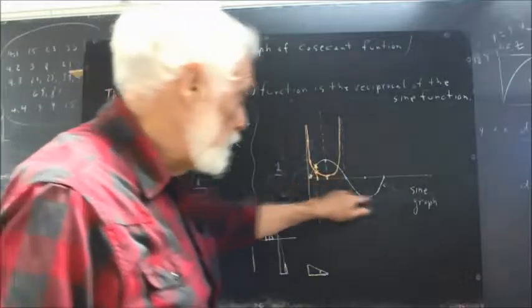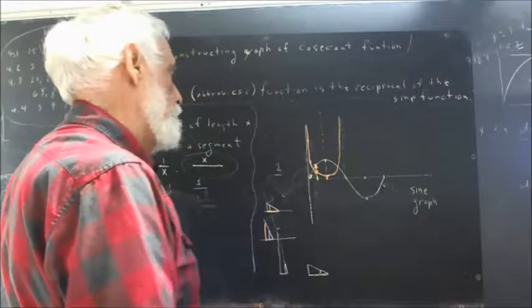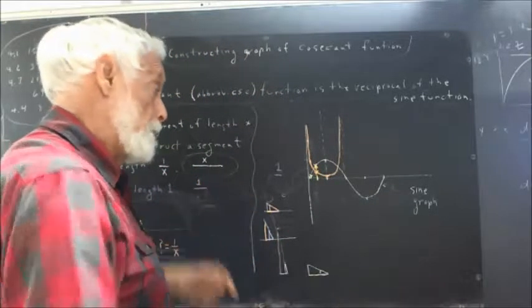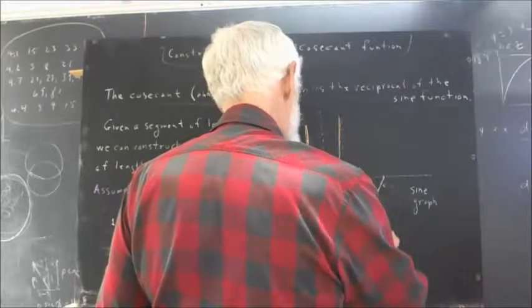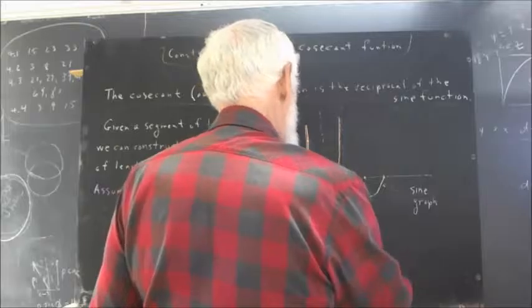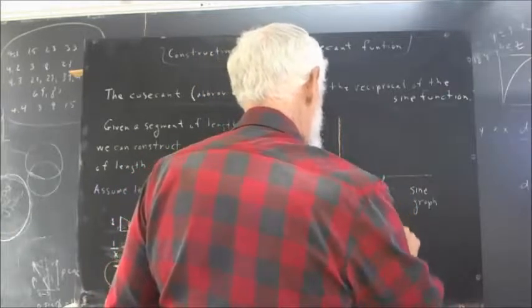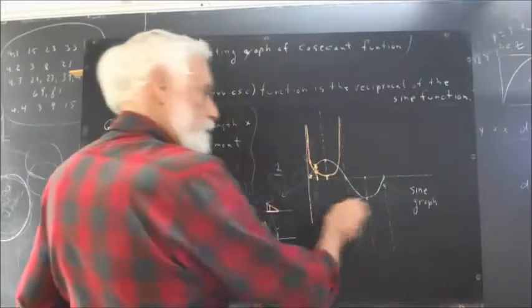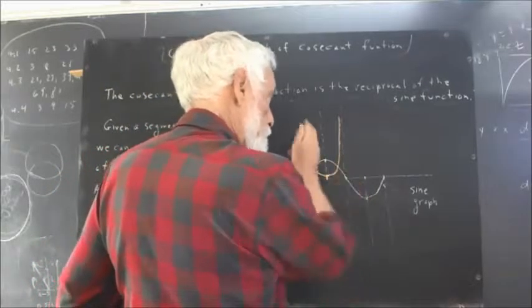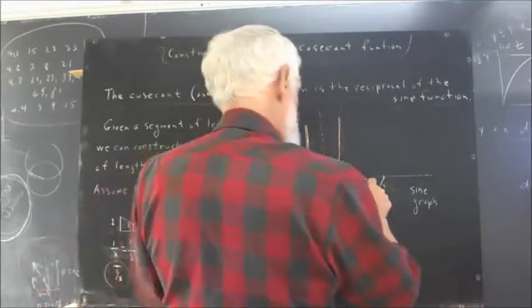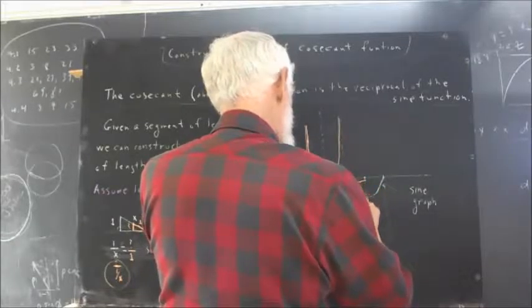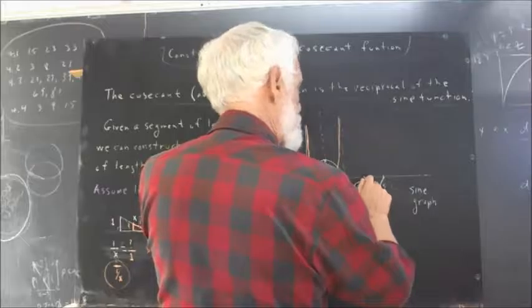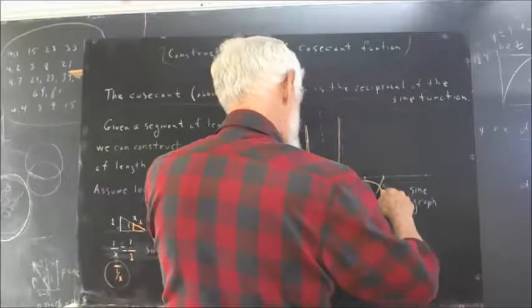Then we can use more symmetry. And, of course, we could construct this point by point, but we can use another symmetry argument to show that what we get over here is going to be symmetric through this point with what we have here, so that we're going to get a graph that looks something like this.